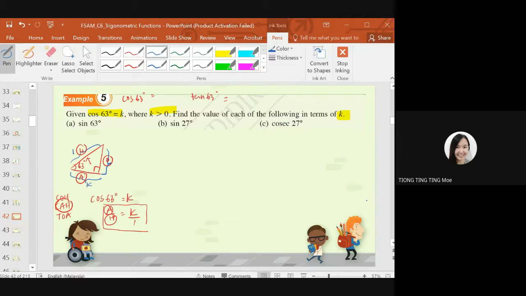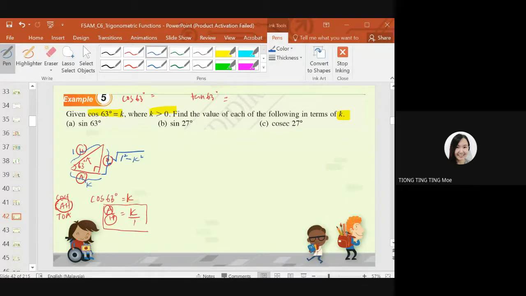Use Theorem Pythagoras. This is not the hypotenuse, so we have to use minus. Hypotenuse square, the longer side, 1 square. Why minus? Because it is not the hypotenuse. 1 square, not k square, because the hypotenuse is the longest side. So it's 1 square minus k square.